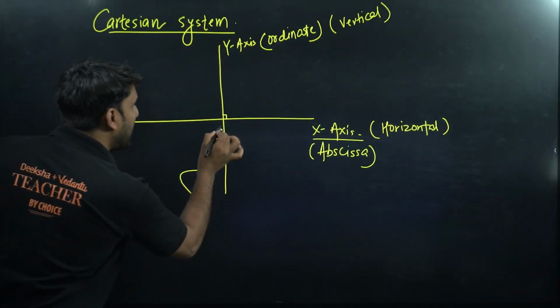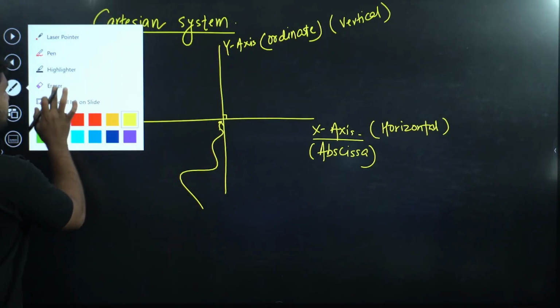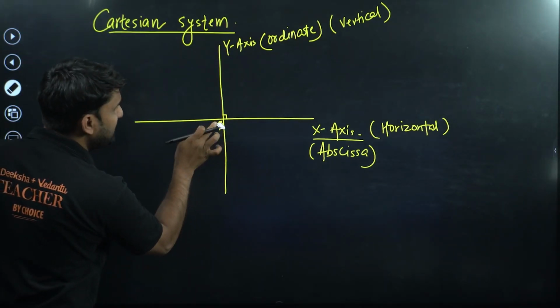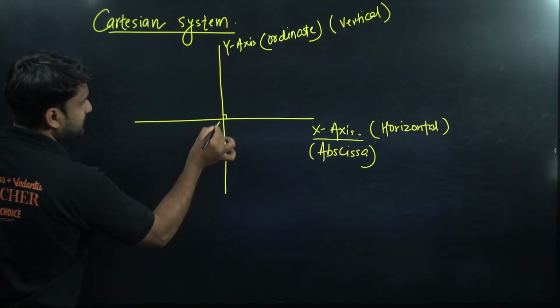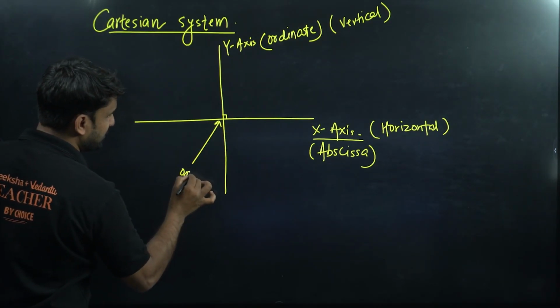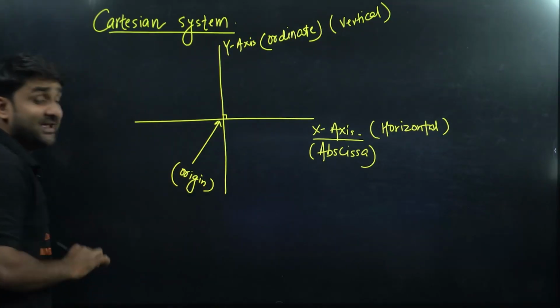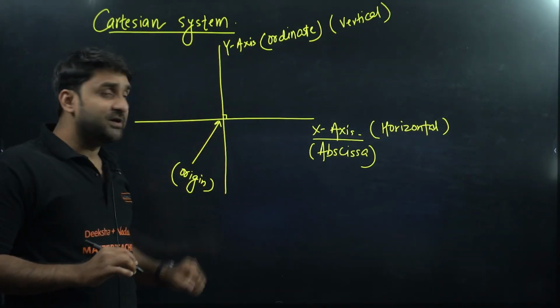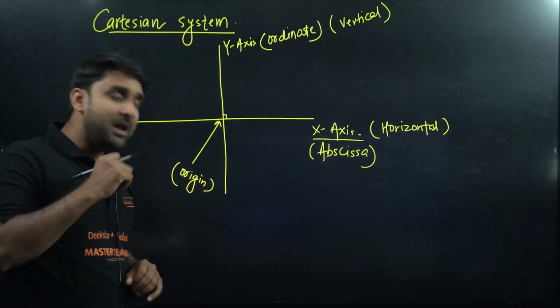The point at which both intersect, the point of intersection, is called the origin. Yes, my dear champion, the point of intersection of the x-axis and y-axis is called the origin.